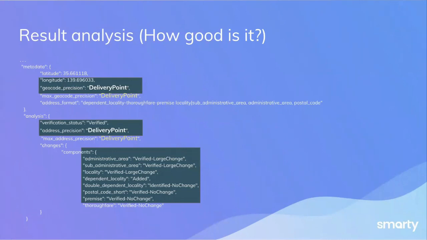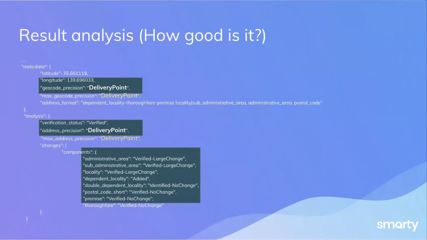That means that you know what the actual address is for a particular person rather than a building or a street. So you've got to look at that. If the max address precision is only thoroughfare, then you can't expect anything better than thoroughfare in your address precision.